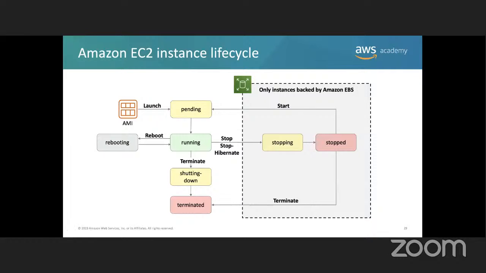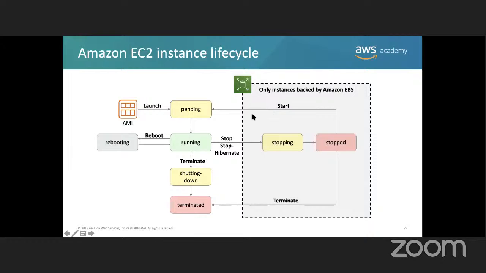The life cycle of the instance is simple. When you launch the instance from the AMI, it goes into a pending state, and then after the pending state, it goes into running. When it's running, you can reboot it, or you can stop it, or you can stop it and hibernate it. When you stop it, it goes to the stopping state and then stopped. When you reboot it, it just reboots and goes back to running.